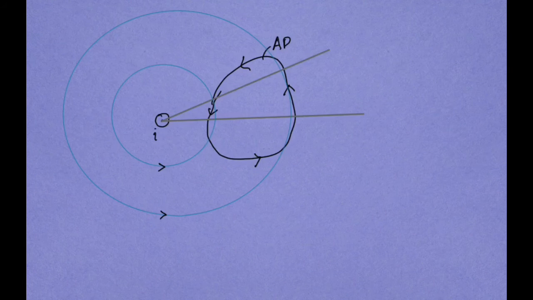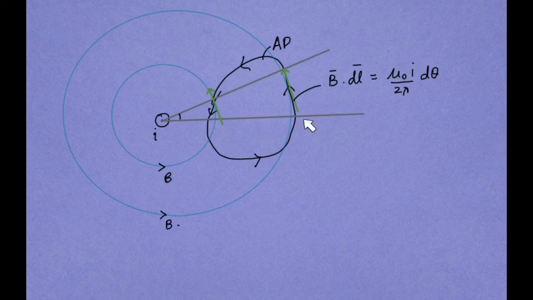If we have an Ampere's path like this, and then we draw two lines, then we can see that the B lines for this outward current will be like this. These are B lines, and the magnetic field at this position is almost along dl, while the magnetic field at this position is almost opposite to dl. So at one part B dot dl is positive, while on another part B dot dl is negative.